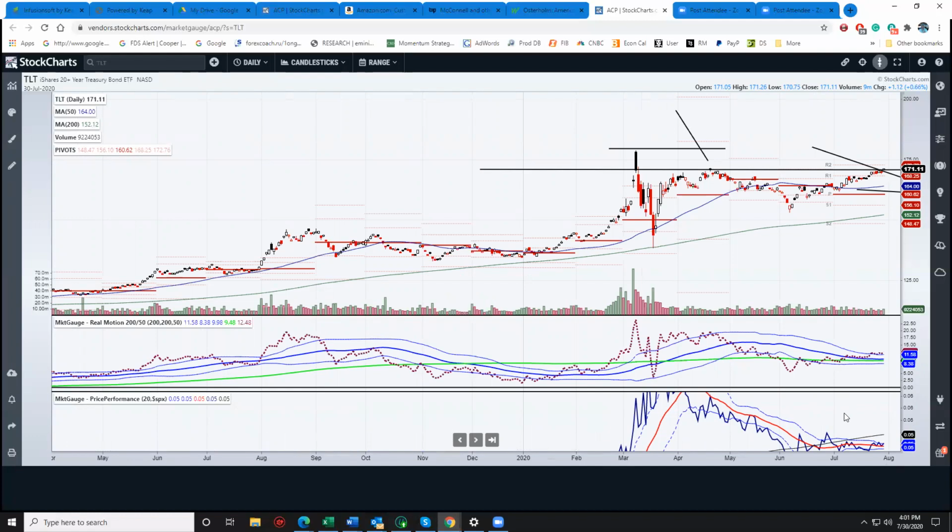TLT is actually outperforming the S&P. It was hard to see, but you can see here this red line, which is the shorter-term measure of the moving average of this ratio. And you can see here that over the last week or so, week and a half or so, bonds are outperforming the S&P. Also interesting to note that we've got another risk-off indication.